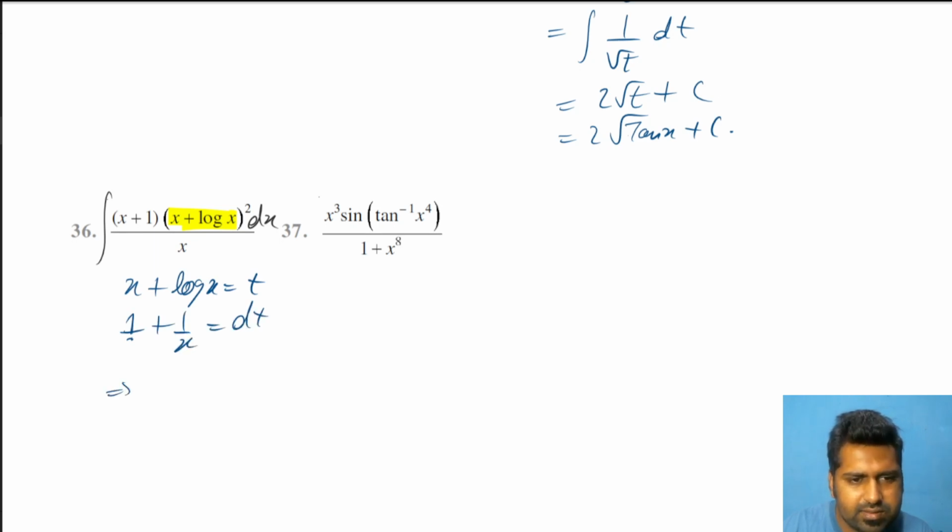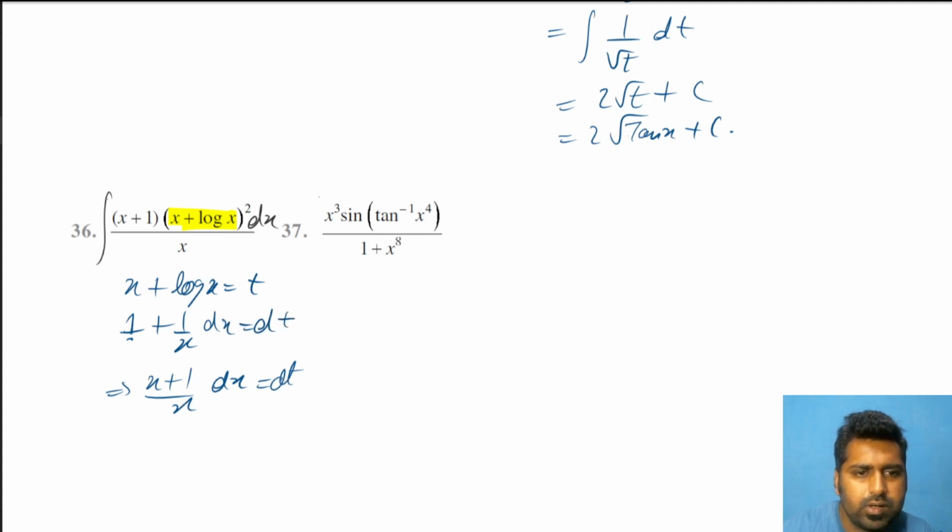Let's simplify this. So basically x plus 1 upon x dx was there, no? Is dt. You can see this is already present, x plus 1 by x dx. That will make your dt.